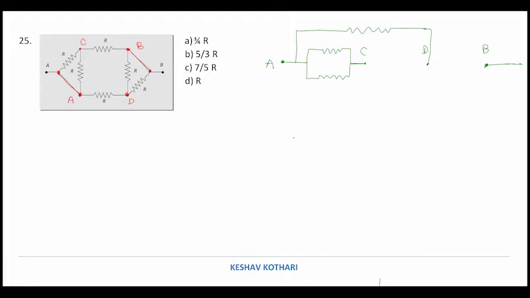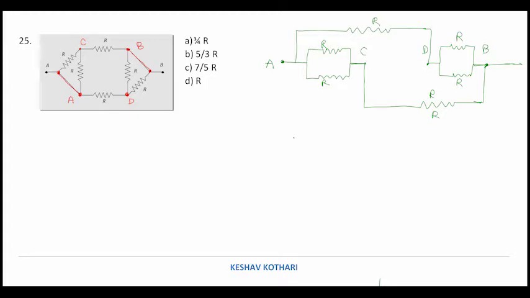From C to B there is a resistance equal to R. And from D to B we have 2 resistors connecting D to B like this. So we reconstruct the diagram in this way, where each resistance is equal to R.